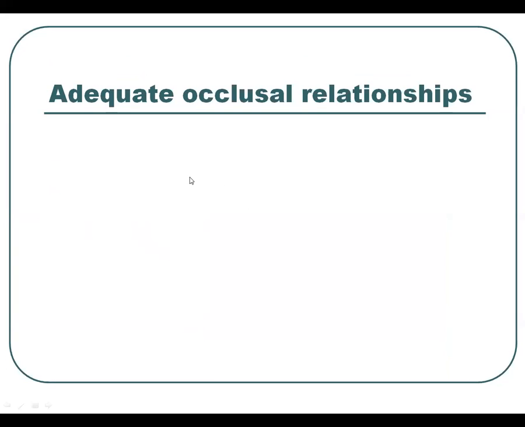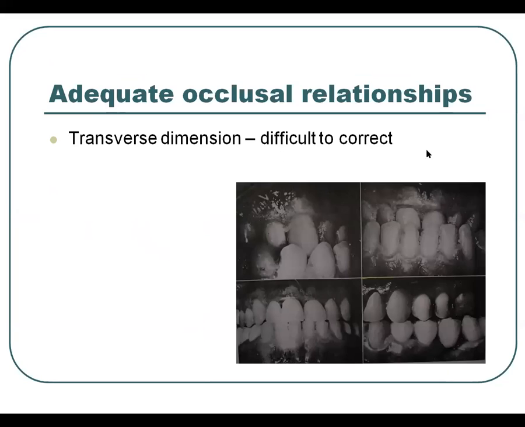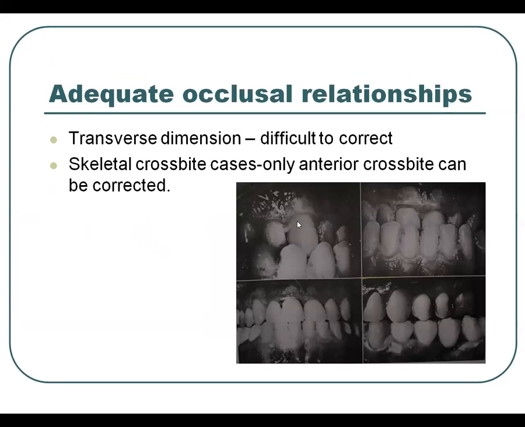Next, adequate occlusal relationship, which means if any crossbite is there, that has to be corrected, especially anterior crossbite. And in skeletal crossbite cases, only the anterior crossbite can be corrected because skeletal corrections are not done orthodontically.